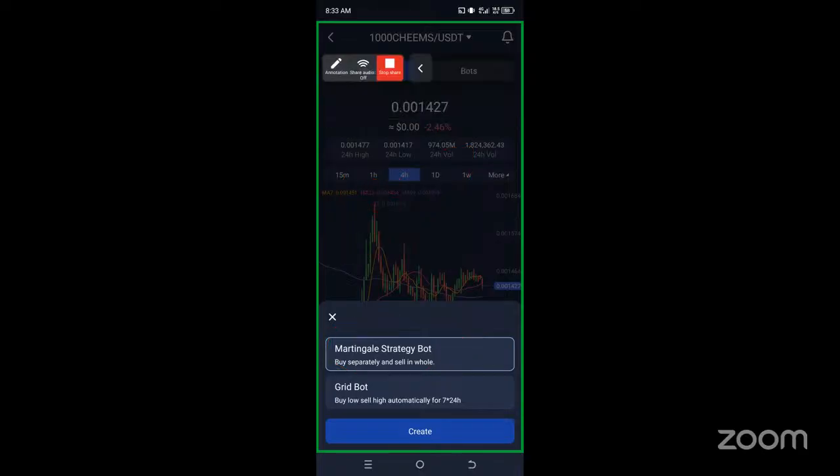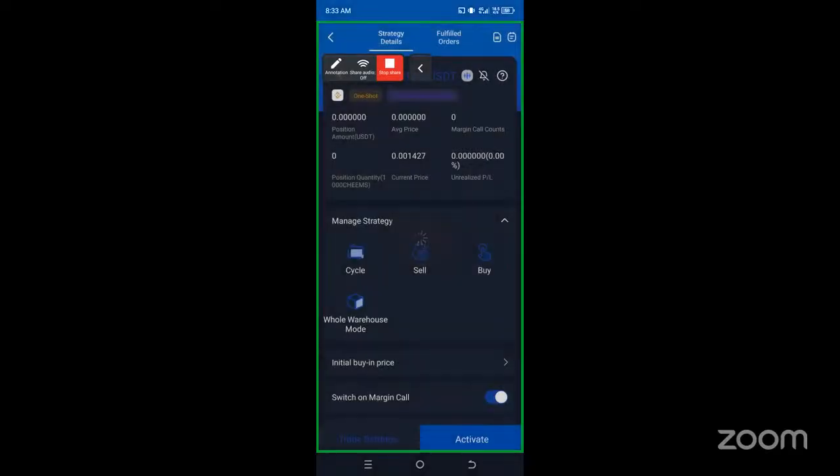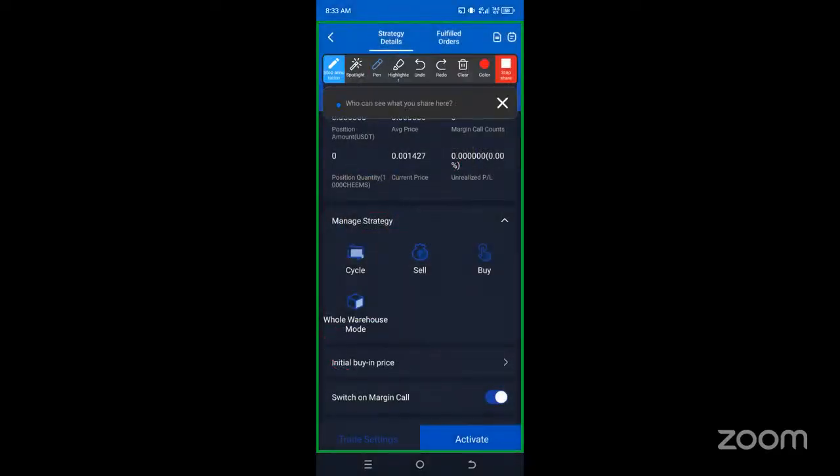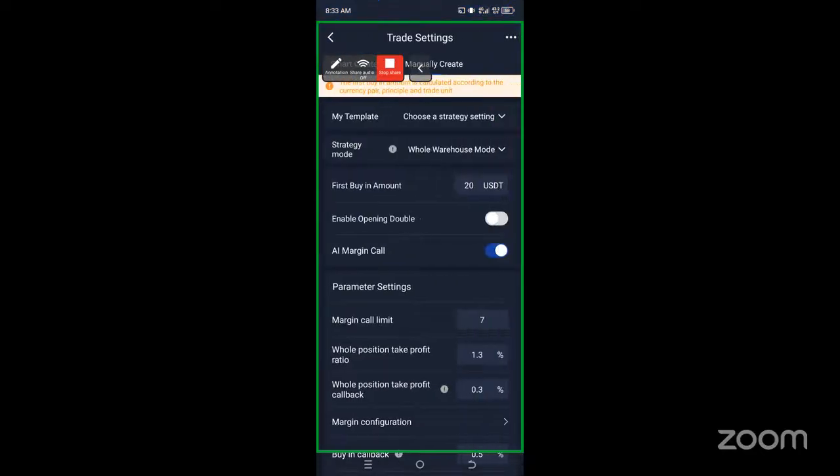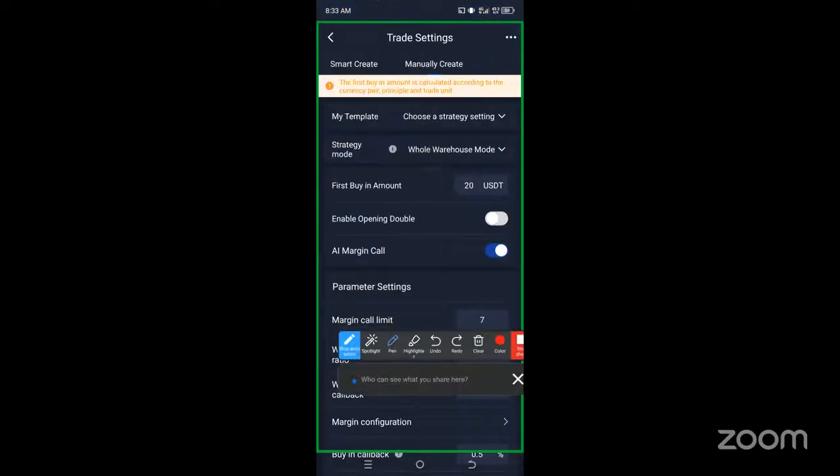When you finish this, you come on create, and we come to the main point of our topic, where we talk to our robot about what it will do for us. We find it here on trade settings. When you click on trade settings, it brings us to our main topic today, known as manually create.